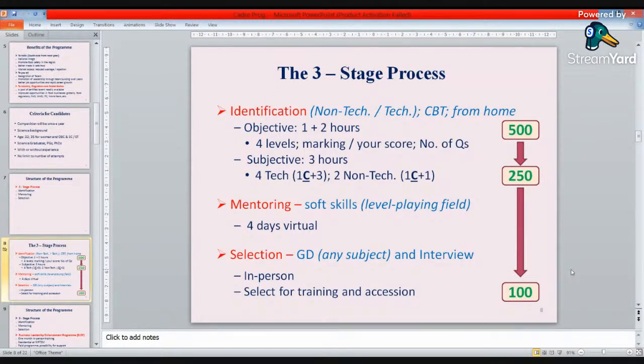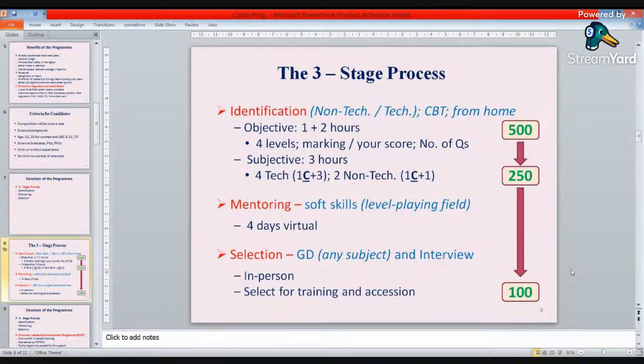And here you will have technical and non-technical questions. So there will be 5 questions on your screen in technical areas, out of which you have to answer 4. 1 will be compulsory. And I'll show you which of those areas are there.